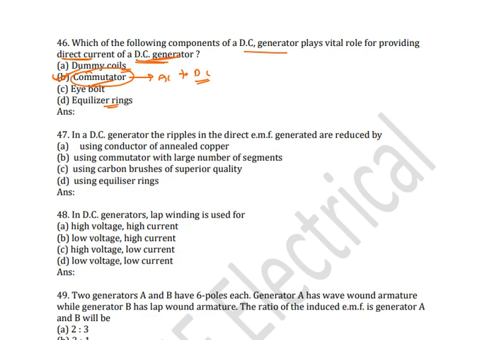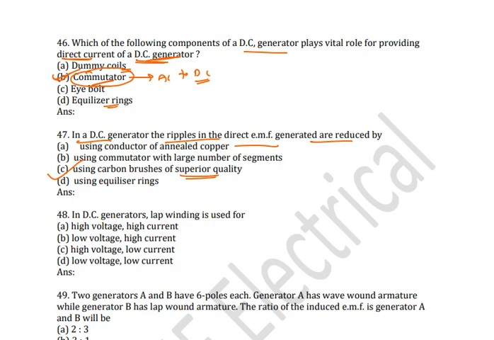Second question: in a DC generator the ripples in the direct EMF generated are reduced by. The options are using conductors of annealed copper, using a commutator with a large number of segments, using carbon brushes of superior quality, using equalizer rings. The correct answer is using carbon brushes of superior quality.